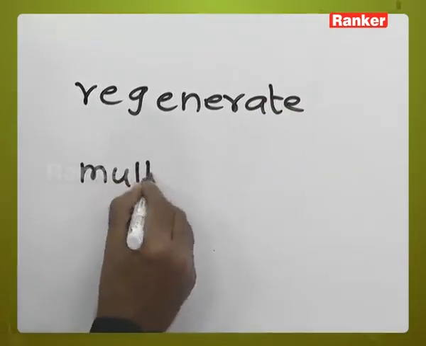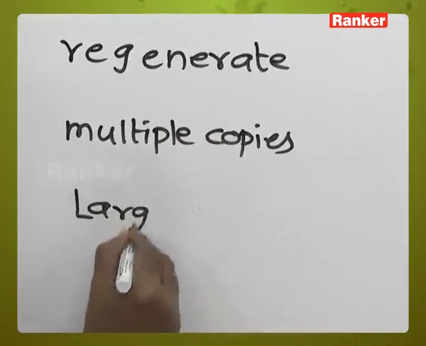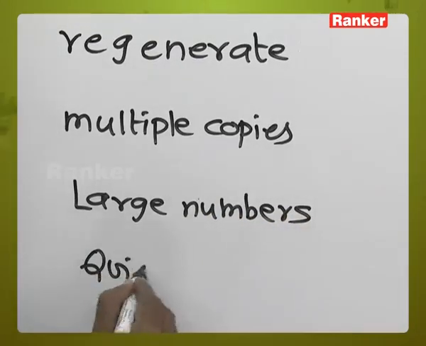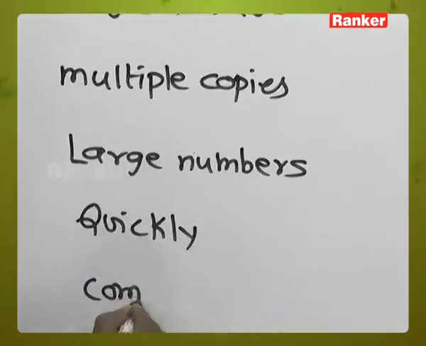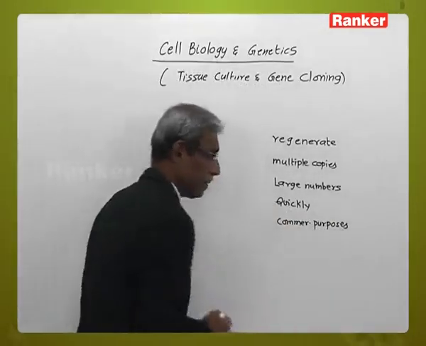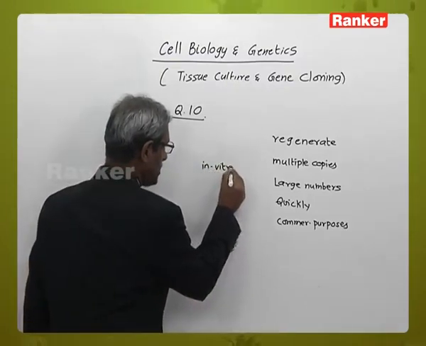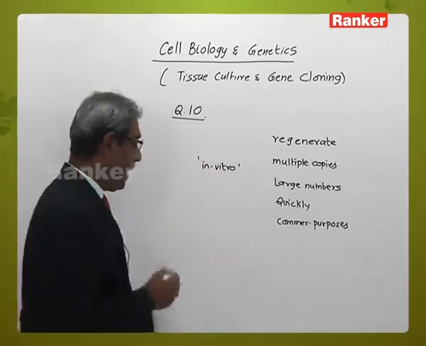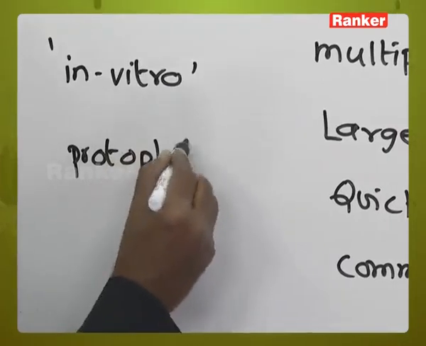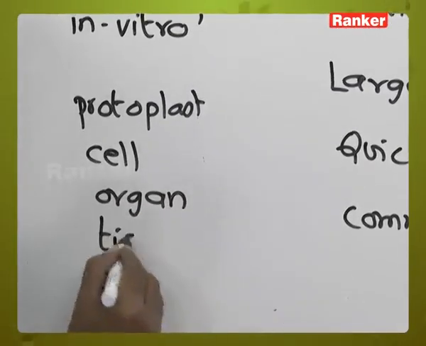making multiple copies in large numbers, very quickly, for commercial purposes, and we are practicing in vitro techniques, that is plant tissue culture techniques, and our tool is either the protoplast or the cell or the organ or the tissue.